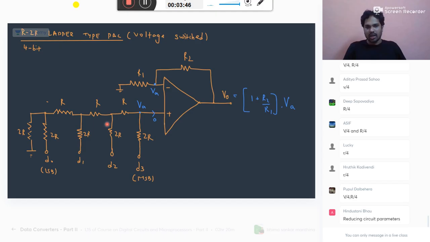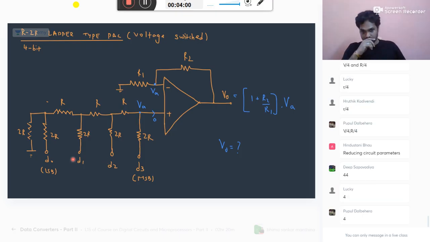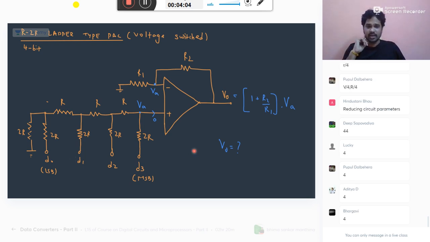Now in this question, I want to find VA. So here, how many inputs are there? 4 inputs are there. I will apply only one input at a time. First I will apply D3, then D2, D1, D0.